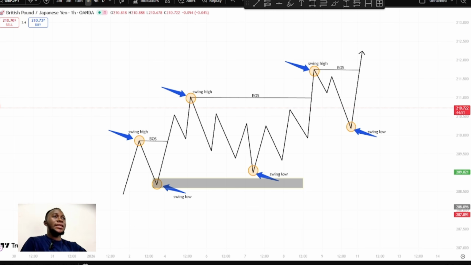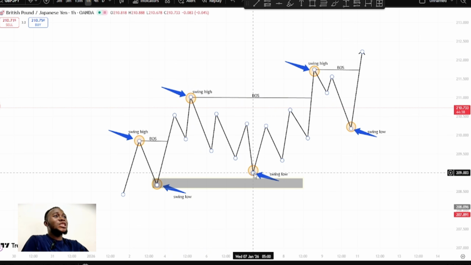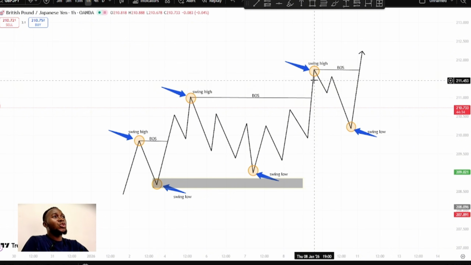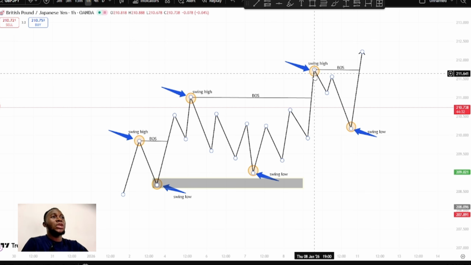What we're talking about now is that from this swing high, the market began to retrace. All this sell is just to facilitate a retracement that will create the next swing low, that will be able to facilitate the next break of structure to the upside, to give us another swing high.